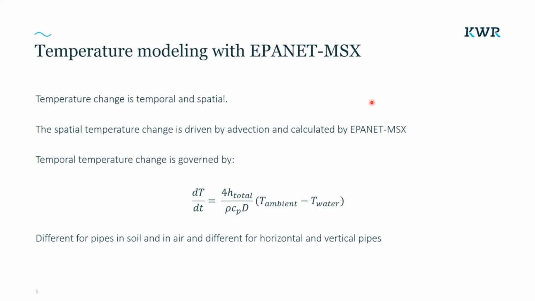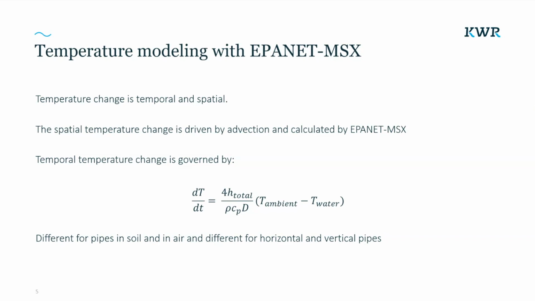EPANET MSX, as you might know, is the multi-species extension on top of EPANET. And you can also use this to model temperature in a distribution system, and in this case, a premise plumbing distribution system. So temperature changes both in time and in space. And the spatial temperature change is driven by advection, and that part is calculated by EPANET MSX.